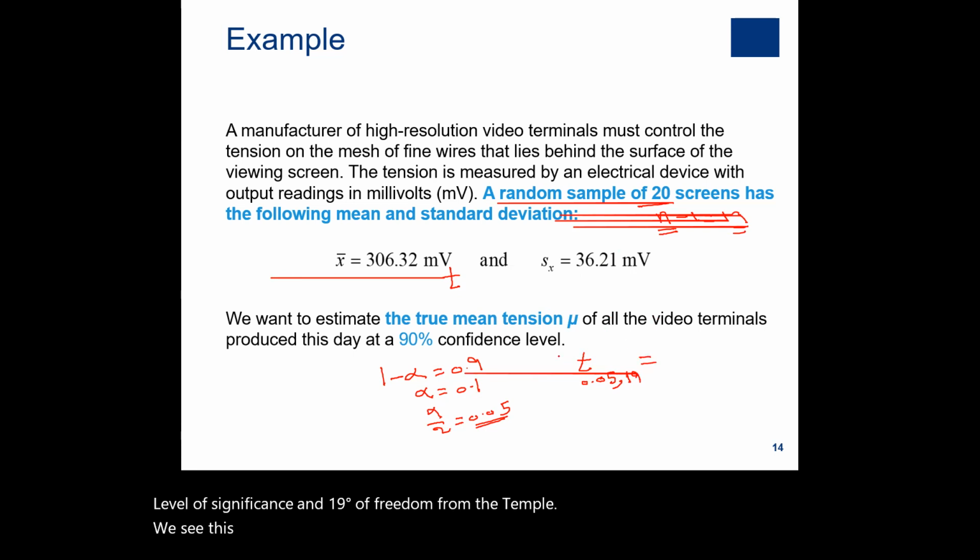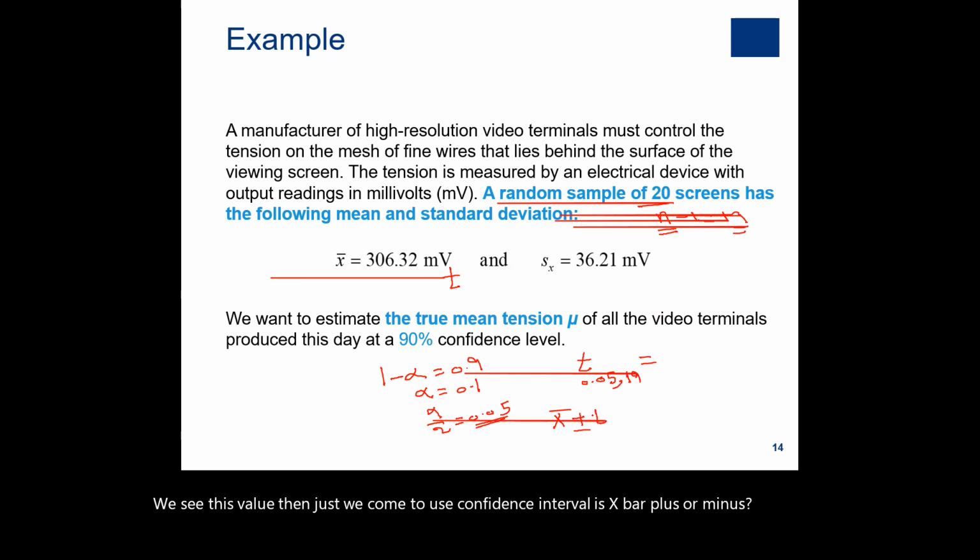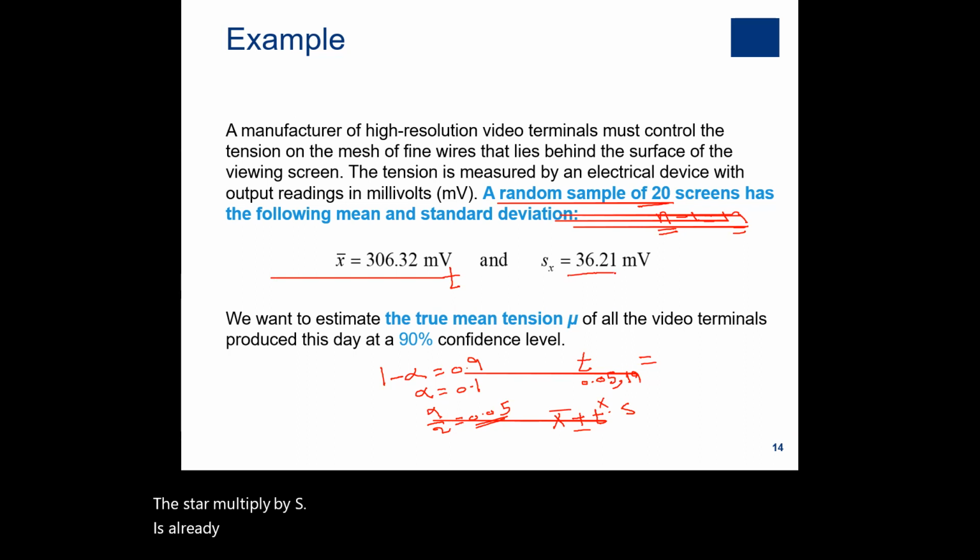Then we use the confidence interval, X bar plus or minus T star multiplied by S over square root n, already given, which is 20.